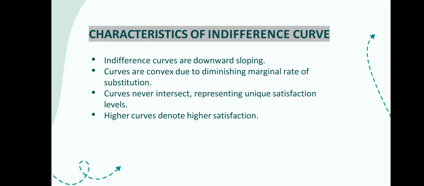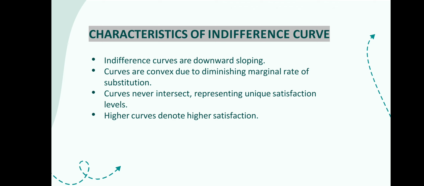In this next slide, we are going to talk about the characteristics of indifference curve. Indifference curves are downward sloping. Next, curves are convex to the origin because of the diminishing marginal rate of substitution, which will be discussed in the next slide.